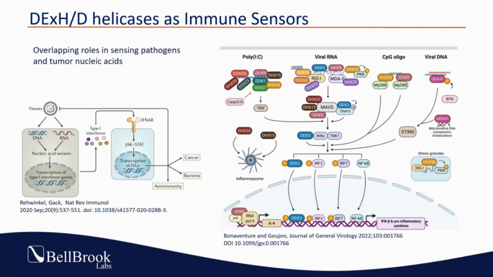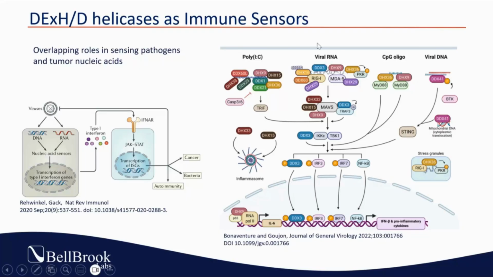That occurs with bacteria, it also occurs with viruses, and it also occurs with tumor DNA. So you can get immunity to cancer, and it also can get hypersensitized and cause problems when it's overreacting to self-nucleic acids, and then you have an autoimmune condition like lupus.